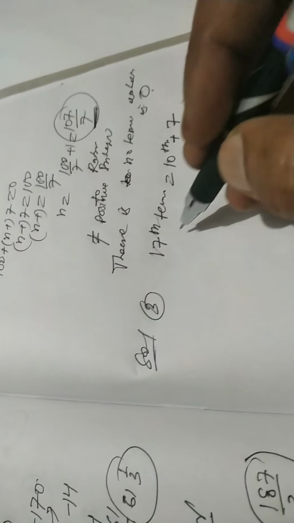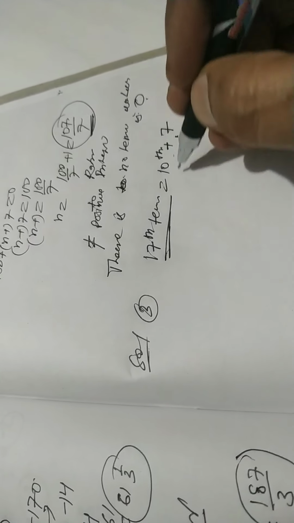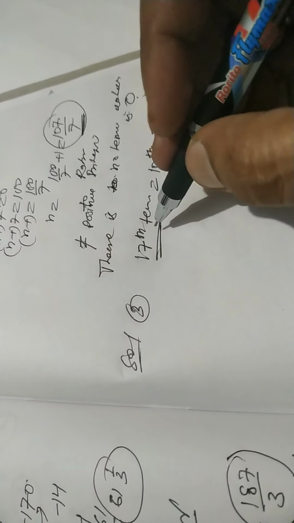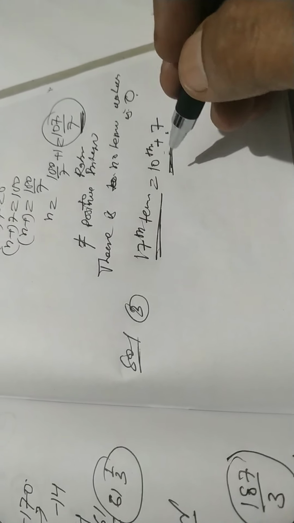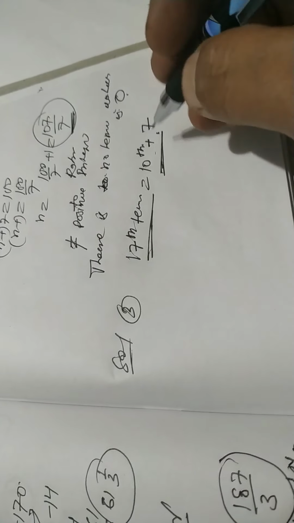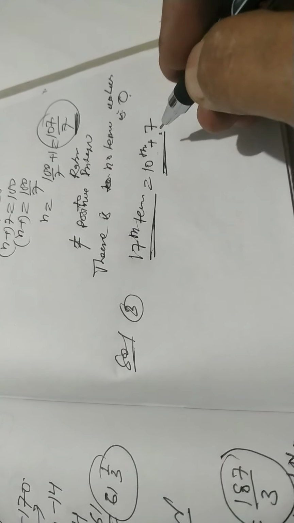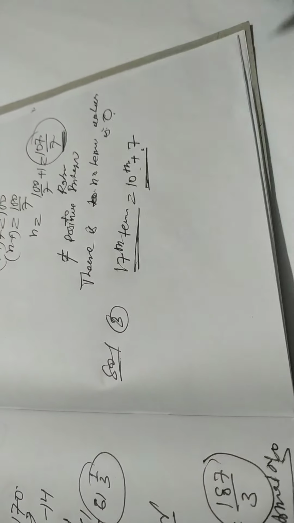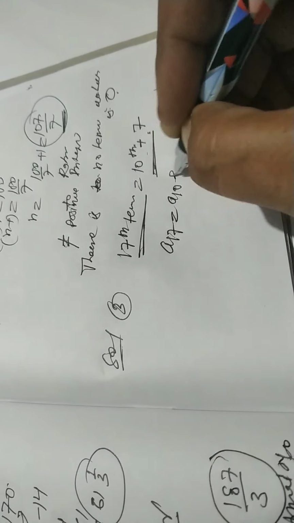That means the 17th term is 7 more than the 10th term, given in the question. Find the common difference. It is given A17 is equal to A10 plus 7.